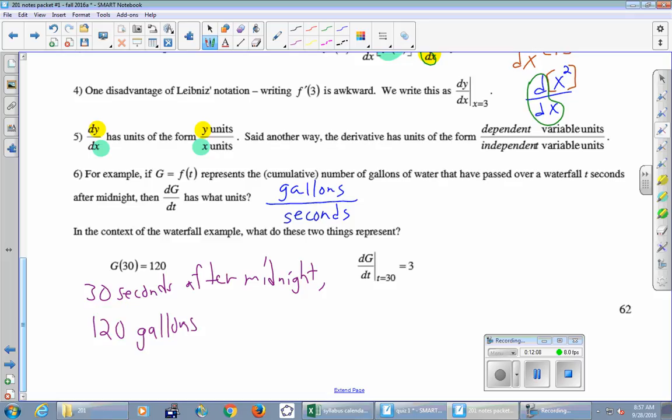What about those 120 gallons? They have passed over the falls. It's a total, right? 120 gallons have passed over the falls. I'll put here in parentheses in total. Cumulative count.